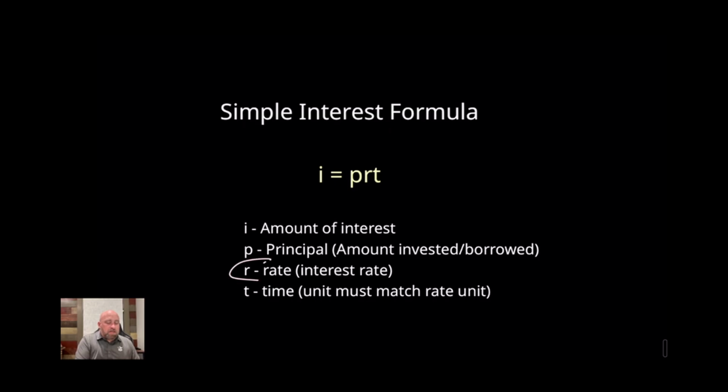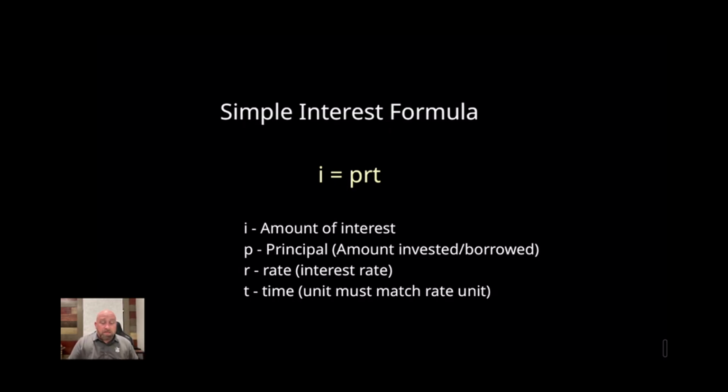The next one is the R, and that stands for the rate of interest, or the interest rate. Maybe the bank is giving you 3% interest. If it's 3% interest, then your rate would be 3%. Don't forget, we do need to move the decimal 2 places if we are using percent. Hopefully you remember that from basic math classes.